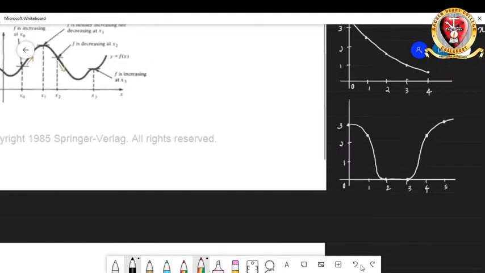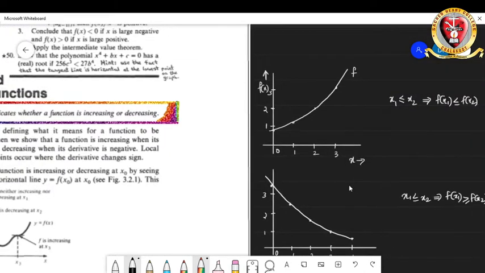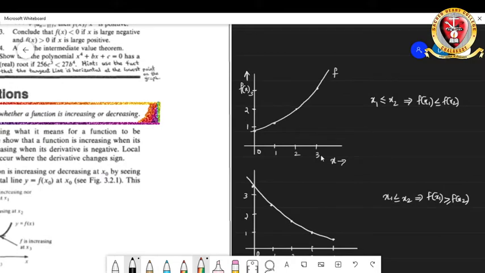And to have some simple examples, suppose this is a function, okay, this is our domain and this is our range, right? So for this function, take any point. If you take a point here, the function is increasing there.